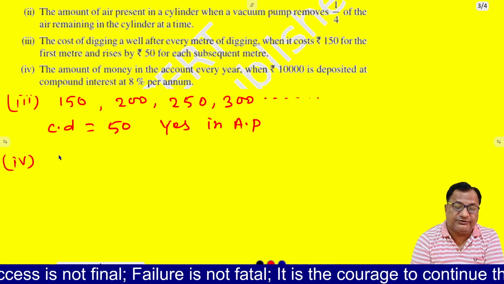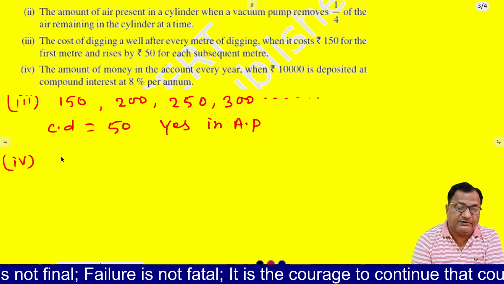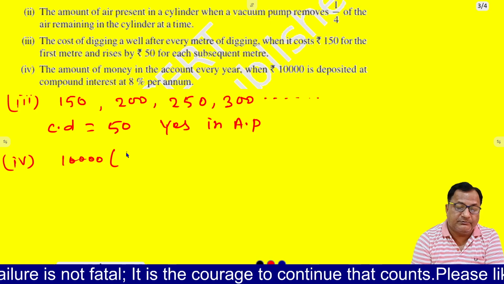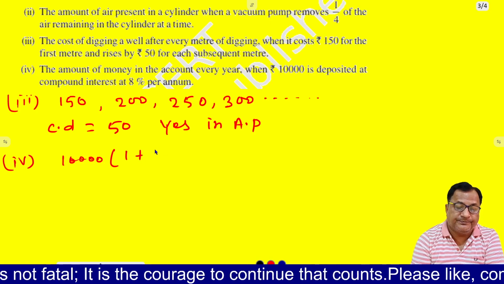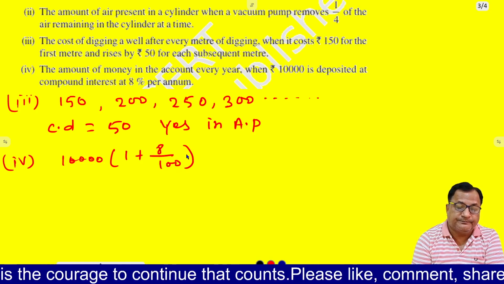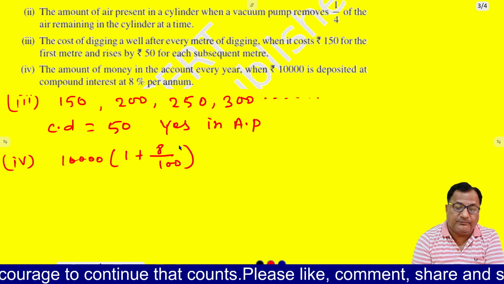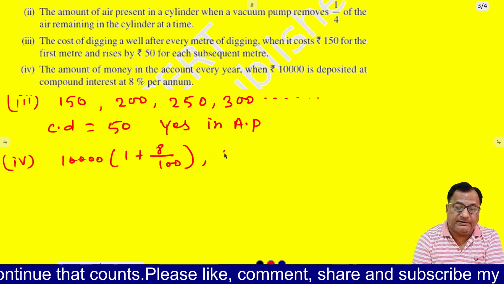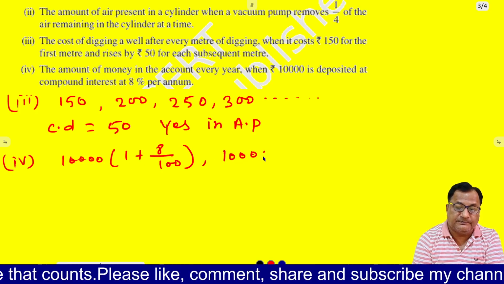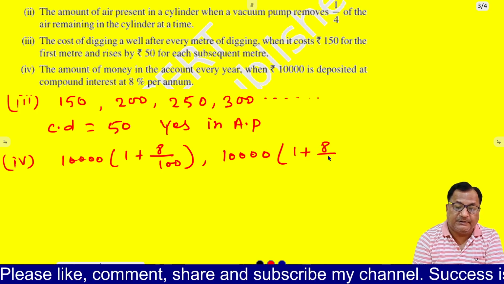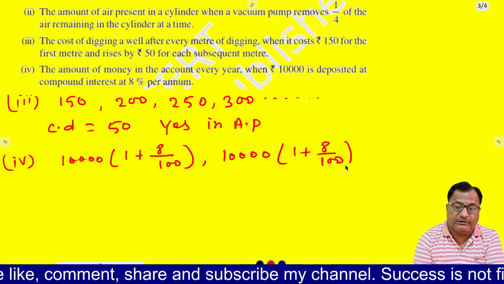So after the first year, this will be 10,000 into 1 plus 8 by 100, using the compound interest formula.